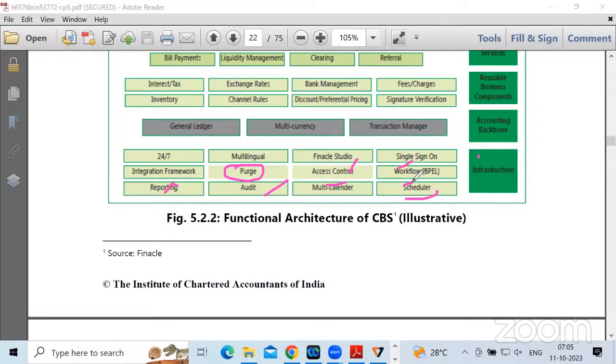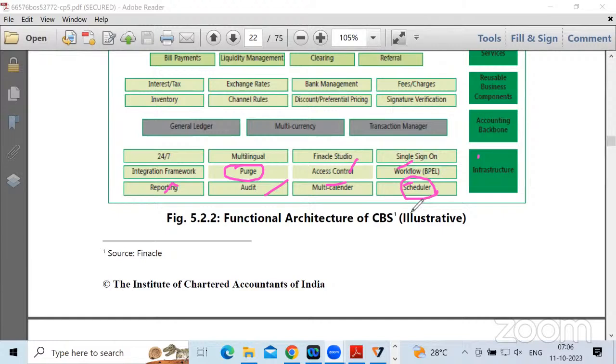What is scheduler? Scheduler means there is something called job scheduling in a computer. See, every day we are doing transactions. At the end, whether it is backed up or stored, we do not know. So we can set a backup procedure. So at 12 o'clock midnight, the entire operations of the bank will be copied and backed up in a server located at a remote area.